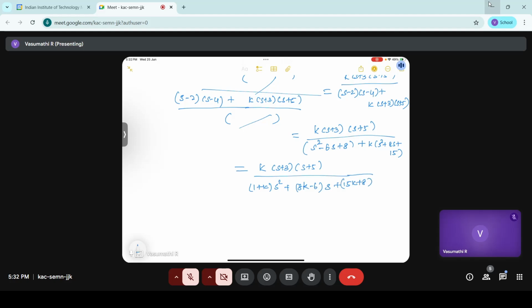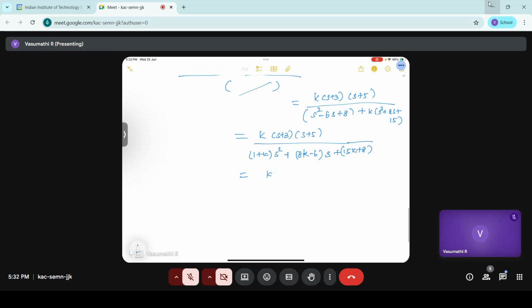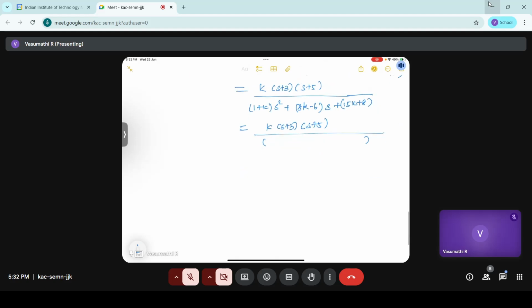This is the constant term you will get. A into (s plus 3)(s plus 5), divided by this characteristic equation. If I equate this characteristic equation to 0, you can get the roots or the poles out of it.